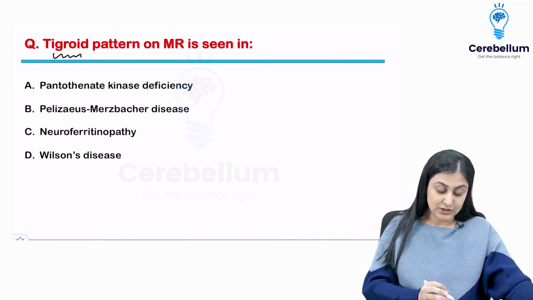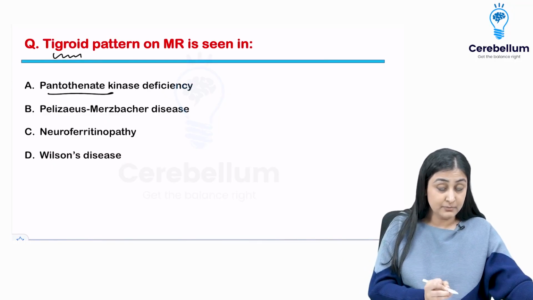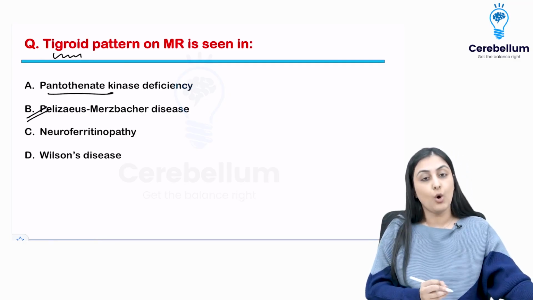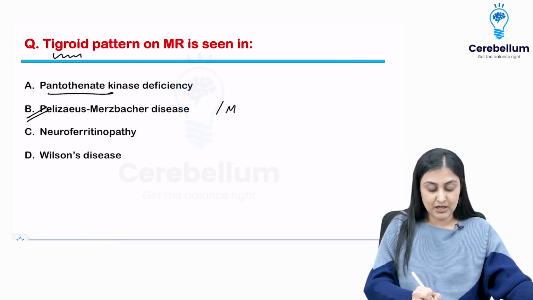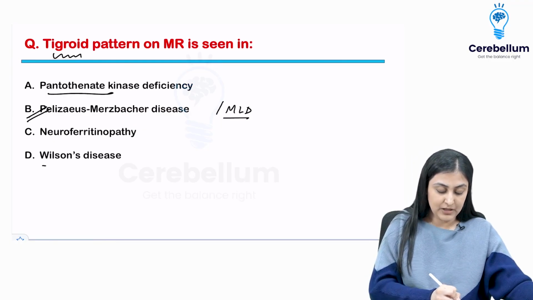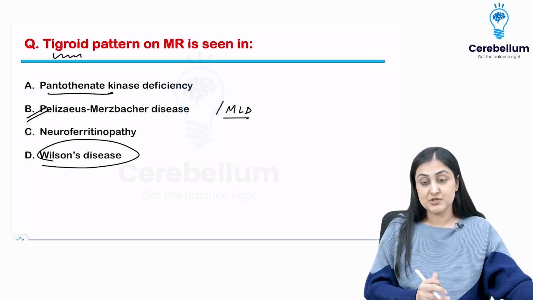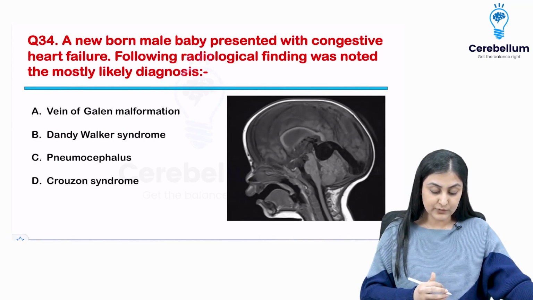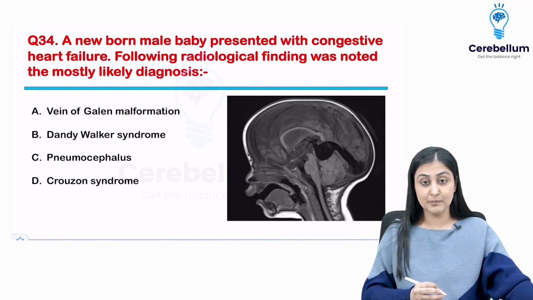Tigroid pattern, so they are not asking eye of the tiger, be careful. Tigroid is Pelizaeus-Merzbacher, or the other differential is metachromatic leukodystrophy. Wilson's would show you the face of the giant panda sign. A newborn baby born with congestive heart failure, big hint here.